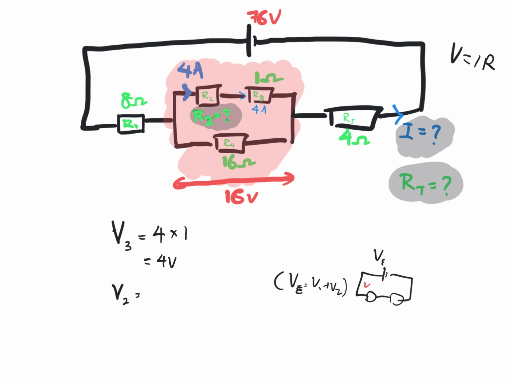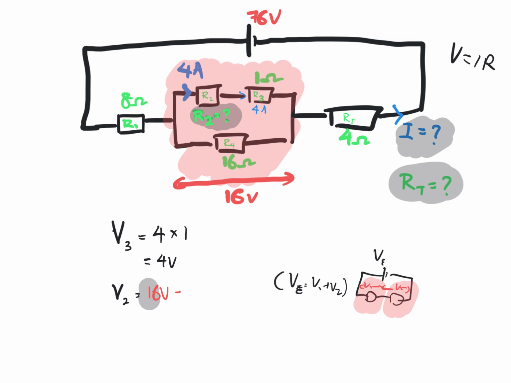Whatever is inside this column and all the things on that column will add up. So that's as good as saying V2 is equals to the total, which in this case is 16 volts, minus this part over here, right?